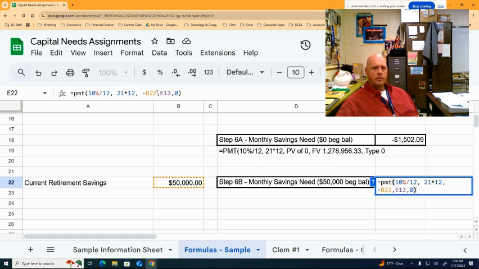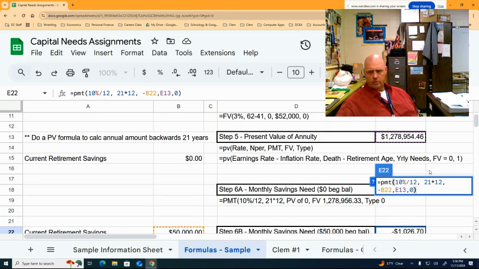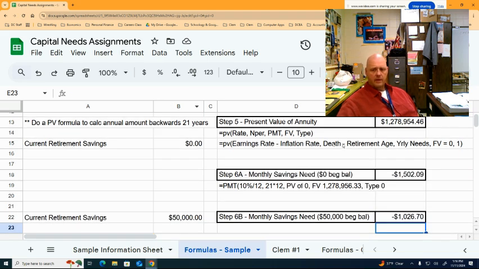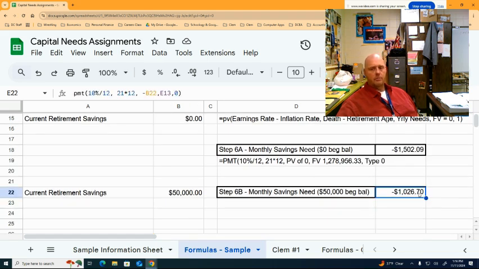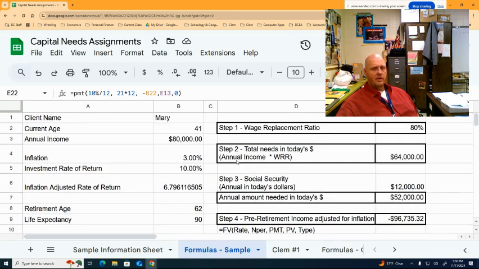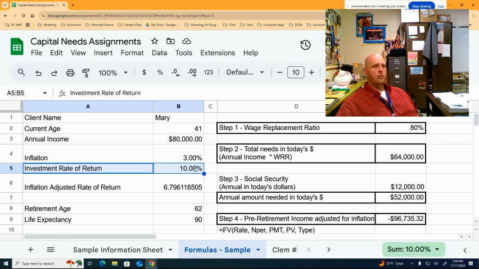Again, I want these two numbers to be opposites because one is a starting value, one is a grow to value. So I've got a minus 50,000 for the present value number, and I've got a positive 1.278 million for my future value number. And again, I do it at the end of the period, and I only need $1,000, so about $500 a paycheck, roughly.